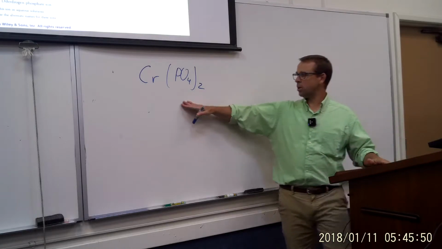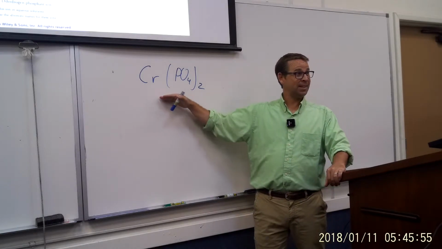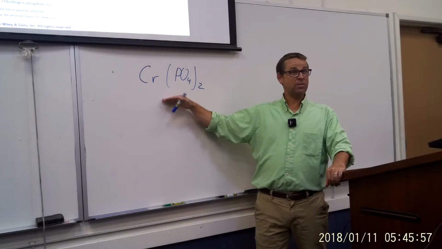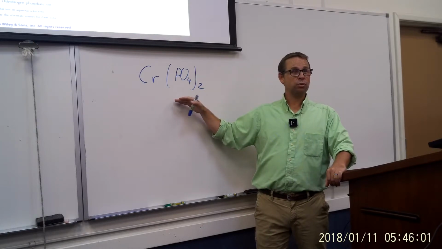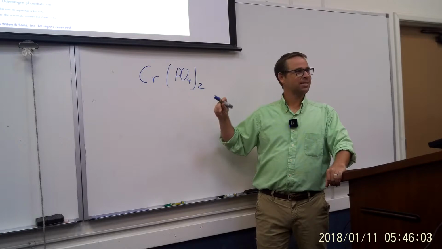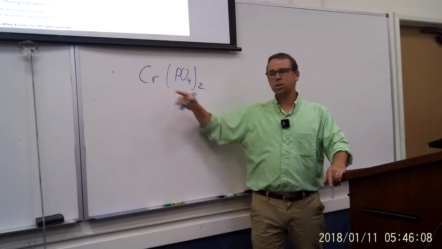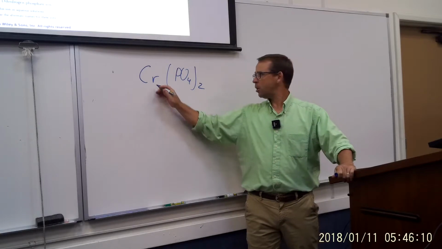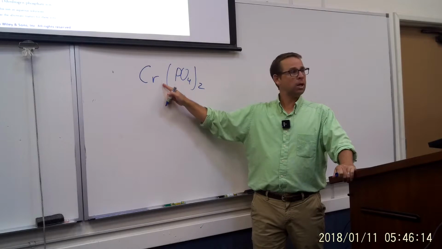So what is this one here? Chromium 2 phosphate? 3 phosphate? What? 2, 3. So how do we know what the charge is on this chromium atom? How many are there for every phosphate? There's just one here, right?